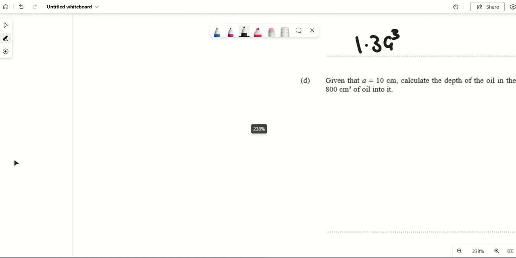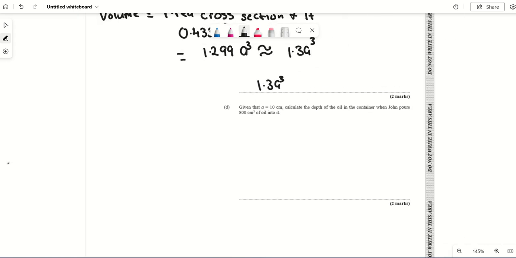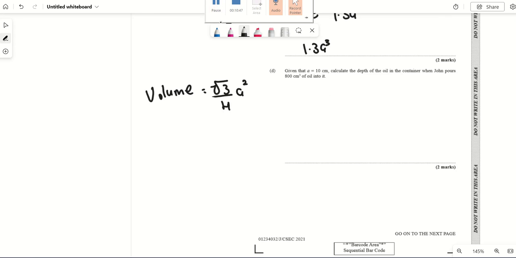Now let's look at this. Given that a is equal to 10, calculate the depth of the oil in the container when John pours 800 centimeters cubed. Okay, so first off, we know that the volume is root 3 over 4 a squared. From above, we knew that your volume was root 3 over 4 a squared.